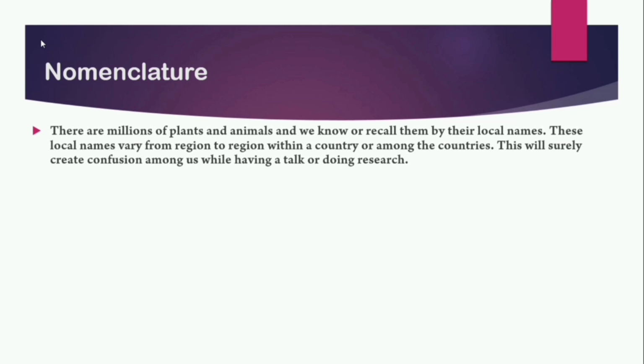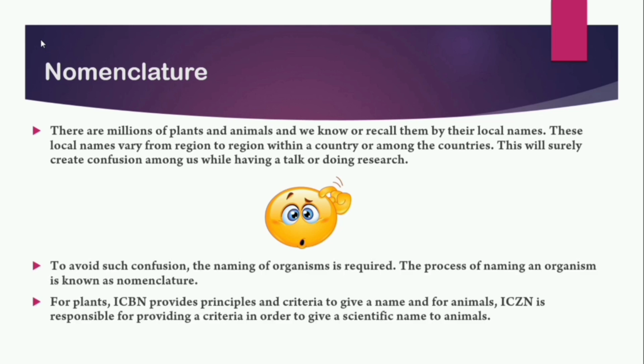So if you compare the villages, you will find again different names for a single fruit actually, right? But you cannot use those local names if you are talking to a biologist from another country, if you are doing the research with them. This will create confusion. So, to avoid that confusion, nomenclature or naming of organisms is required. I hope it's clear. Let's take an example.